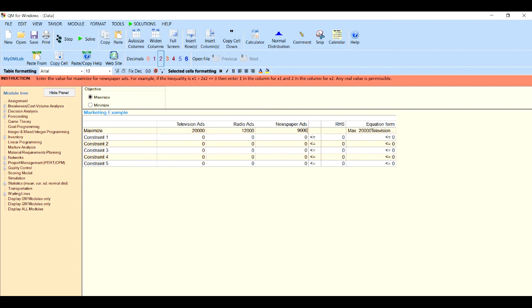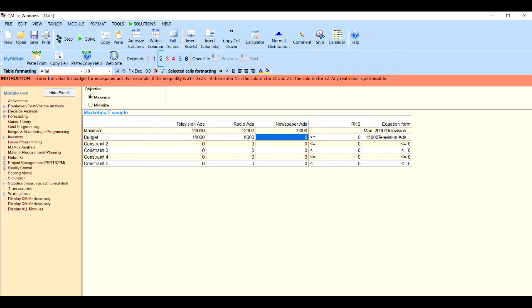So our first constraint, and that was cost, a budget. We have a limited budget. Like many real-world situations, our budget is not unlimited, and that's what we're showing here. So in our budget, we know television ads cost $15,000. We know radio ads cost $6,000.